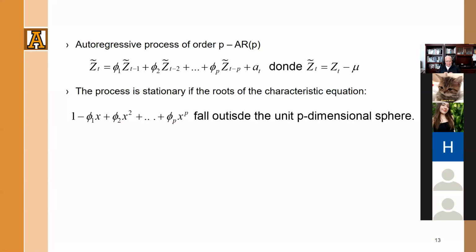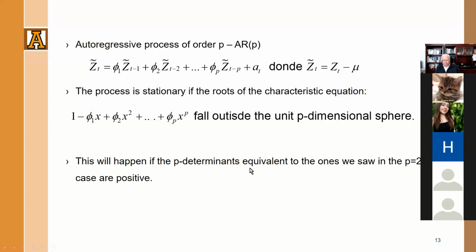For the process to be stationary, the roots of this characteristic equation must fall outside the unit p-dimensional sphere. So the conditions are the same. The roots of the characteristic equation must lie outside the unit sphere.